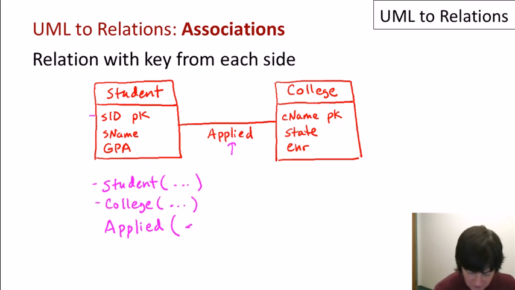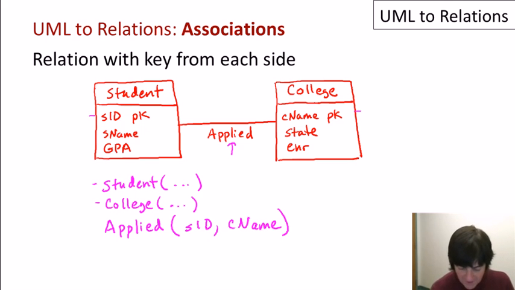So that would be the student ID from the student class and the college name from the college class. And if you think about it, that makes a lot of sense. Applied is capturing relationships between students and colleges, so we'll capture each one of those relationships with one tuple in the applied relation, identifying the student with the key and the college with the key.